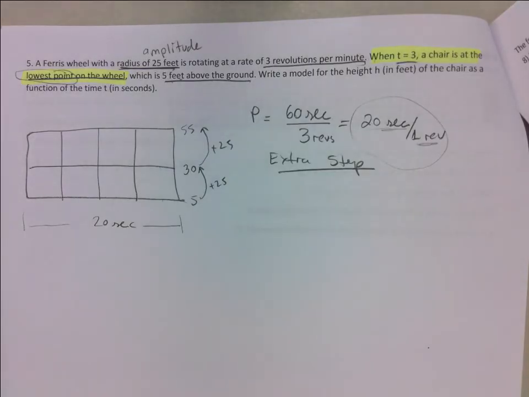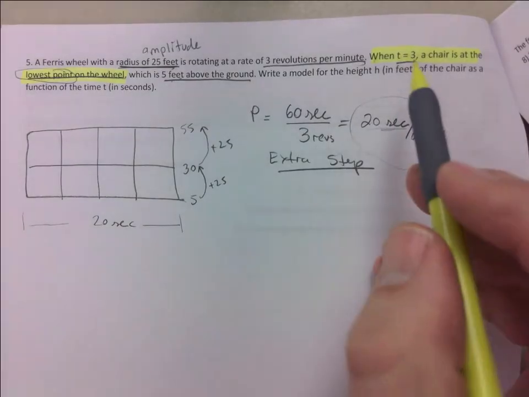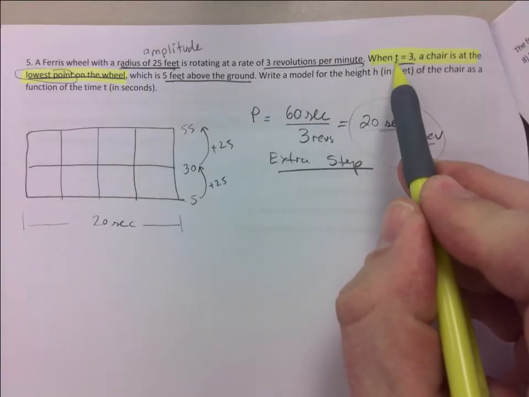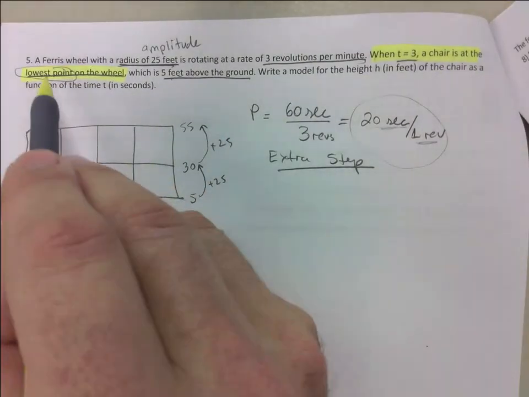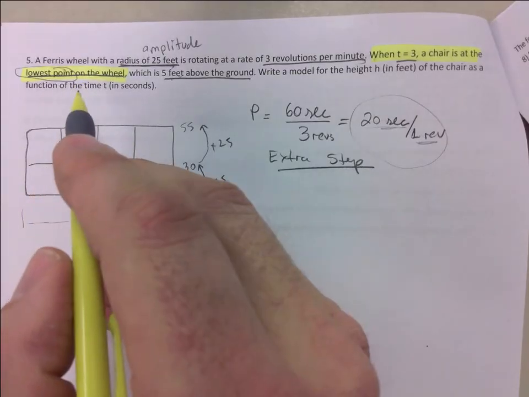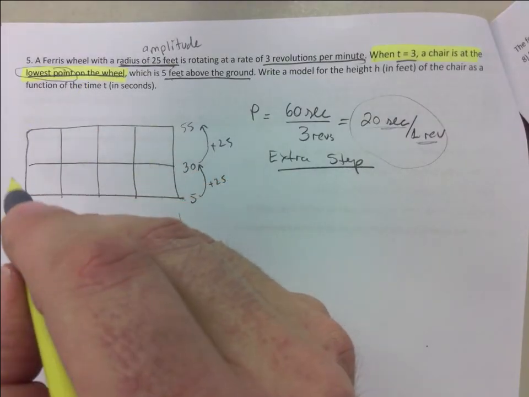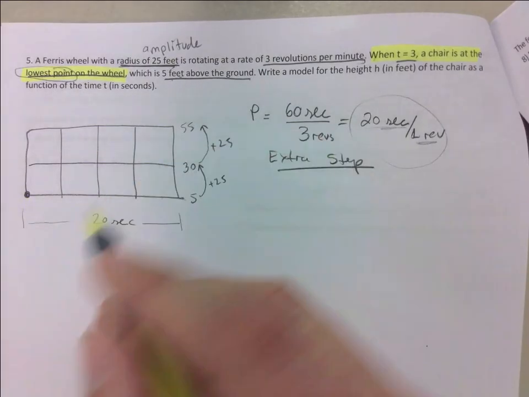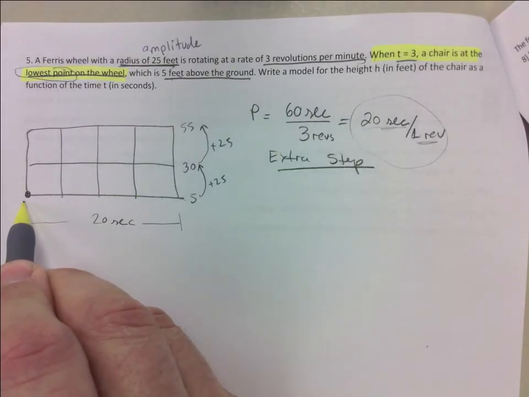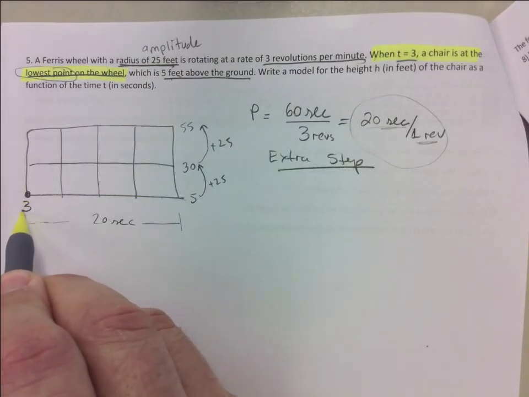Okay, so now where do we start? When time is 3 seconds. So imagine this thing is going, and all of a sudden somebody looks at it, and when time is 3 seconds, the chair is at the lowest point. That to me indicates that we're starting at the lowest. But what is time here? 3 seconds.